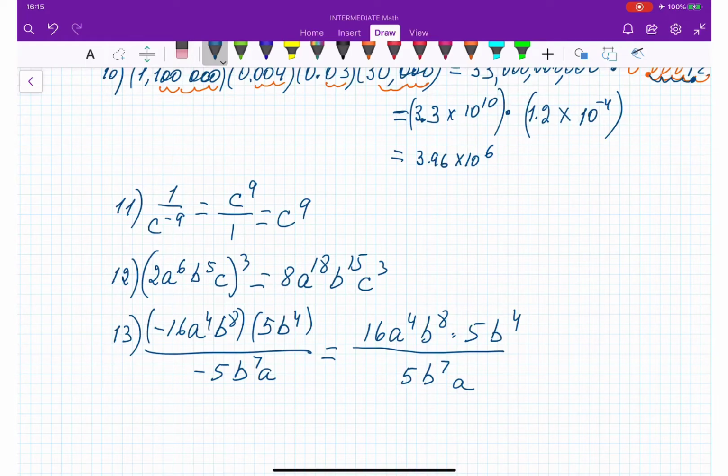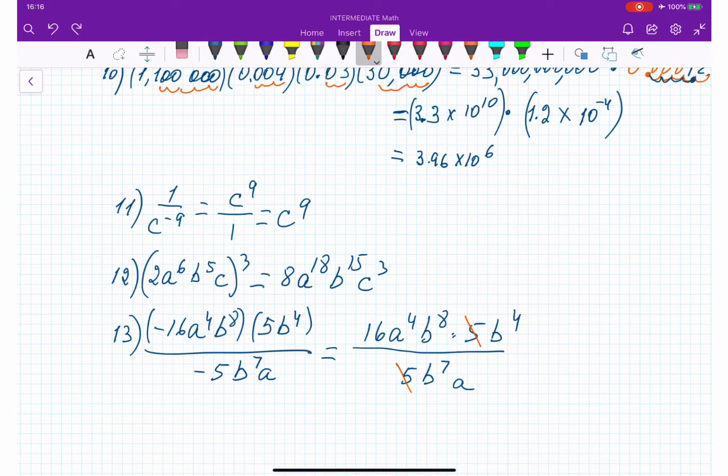All right, so let's see what we are going to do. This 5 cancels with this 5, right? Now b, we have here 8 on the top, and at the bottom we have 7. But you can combine this 8 with this 4 first also. Doesn't matter, it's all kinds of combinations, whichever you prefer.